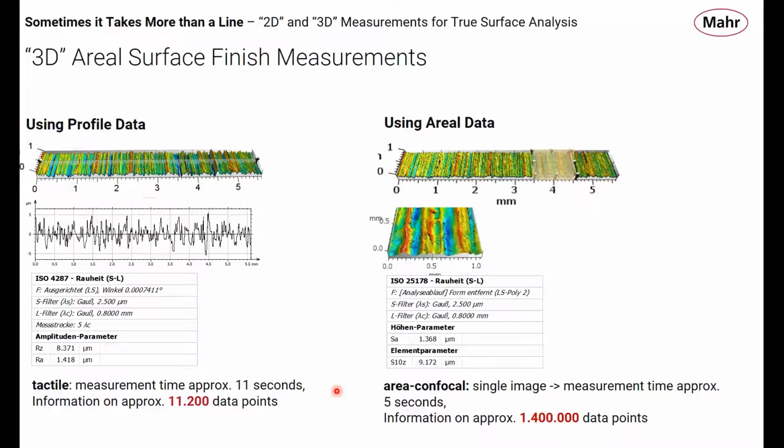On the confocal microscope side, which is what these measurements are from, a single square field of view is 1.4 million data points. So the point of this slide is to say the nice thing about areal data and this digital data is we have a much higher data density.